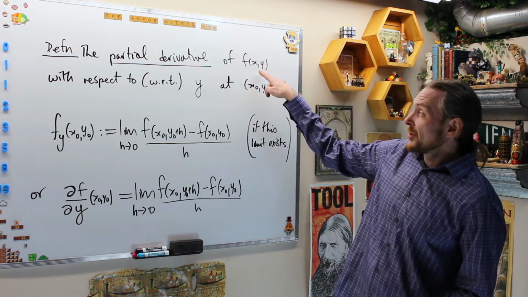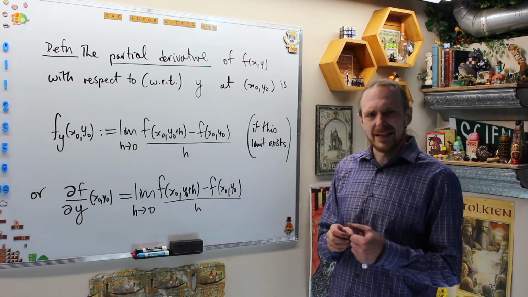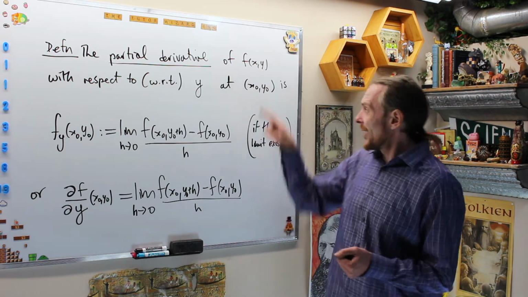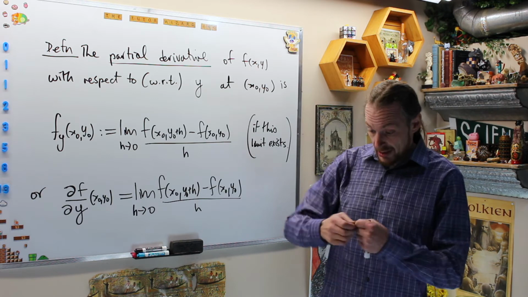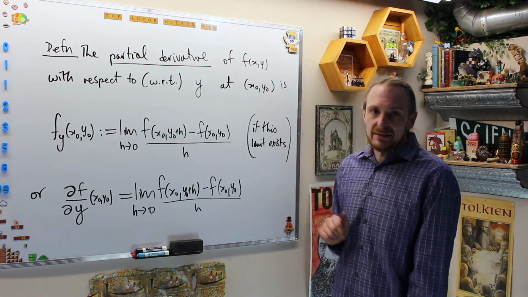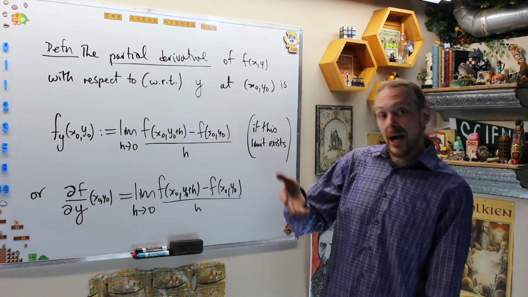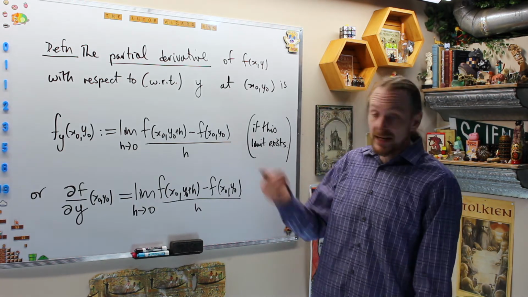So if I have a function of two variables, now what's the rate of change? Essentially, we're asking in the y direction. We have two directions now, the x direction and the y direction. Once we have more than one direction, we can ask what's the rate of change of that function in the direction of y or in the direction of x. We just did the direction of x.